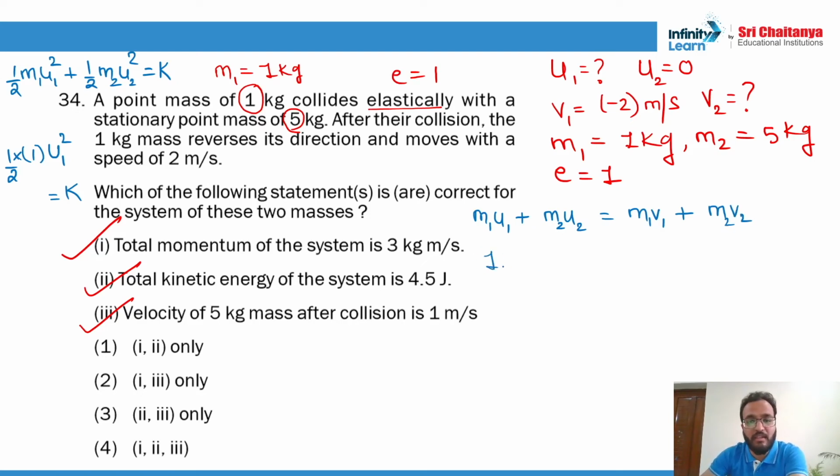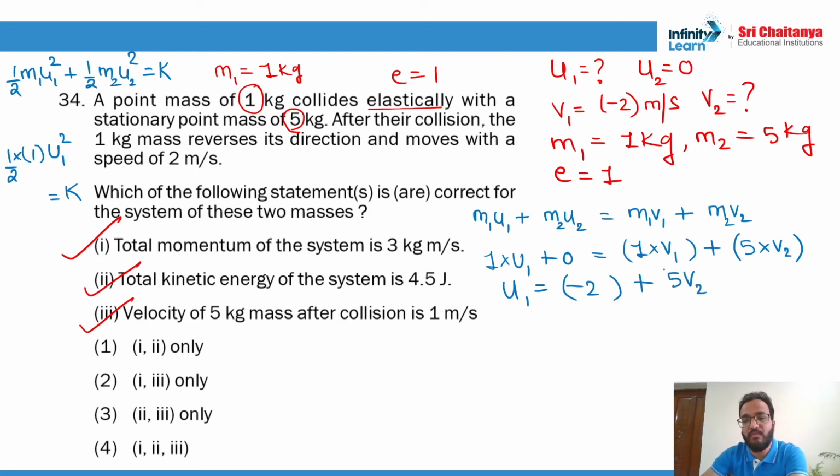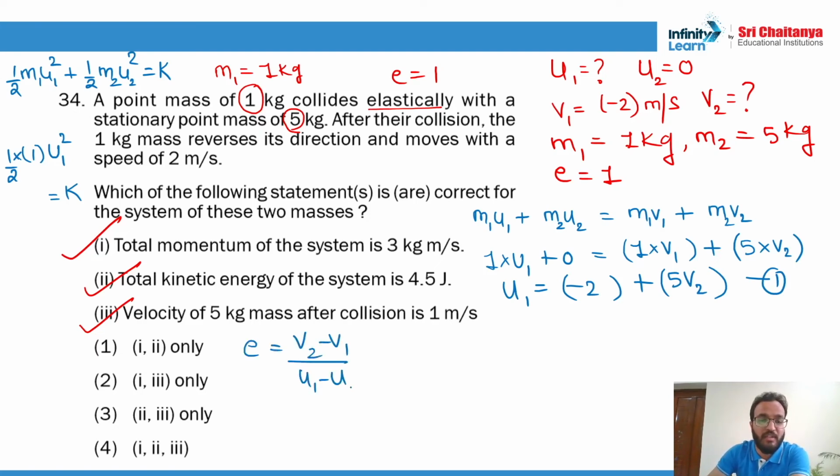So 1 into u1 plus 0 is equal to 1 into v1 plus 5 into v2. So u1 is equal to minus 2 plus 5v2. Okay, this is equation number 1. Now another equation will be e is equal to (v2 minus v1) upon (u1 minus u2). So e is given as 1, right? So you put the values.